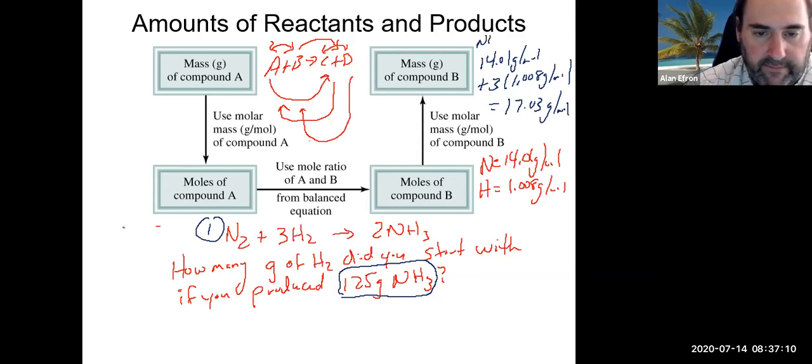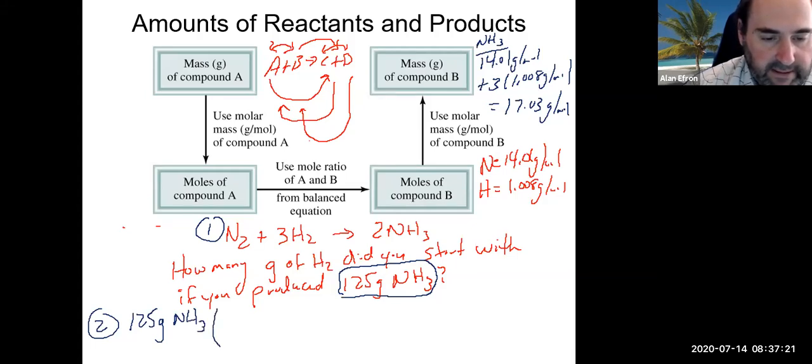So that's the second step we would do. We're going to take the 125 grams of NH3 and convert it into moles using the molar mass from the periodic table, 17.03 grams per mole. Grams will cancel, and if we take 125 divided by that, that gives us 7.338, we'll call it.